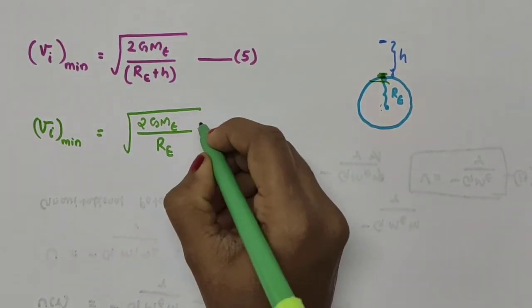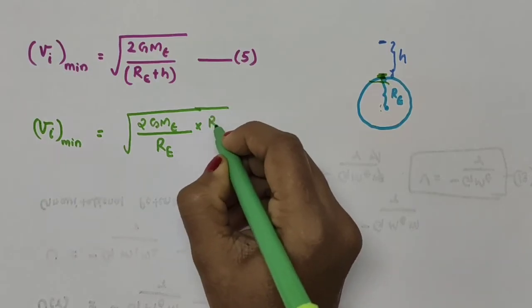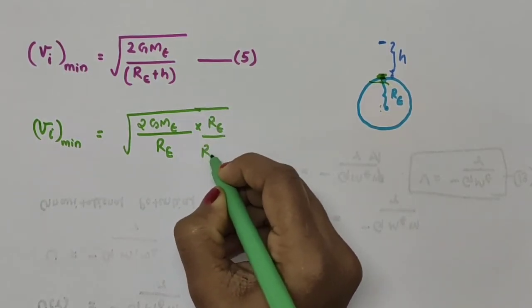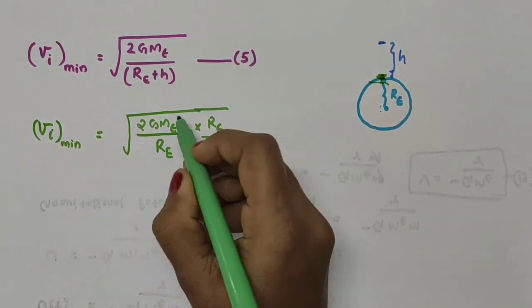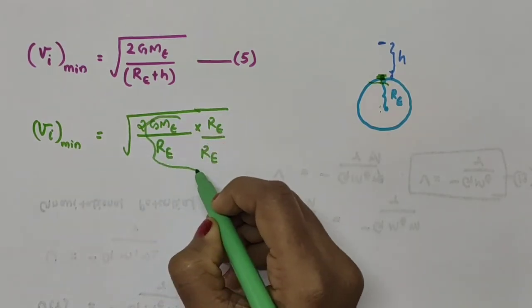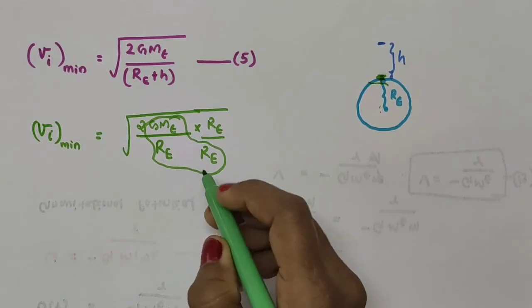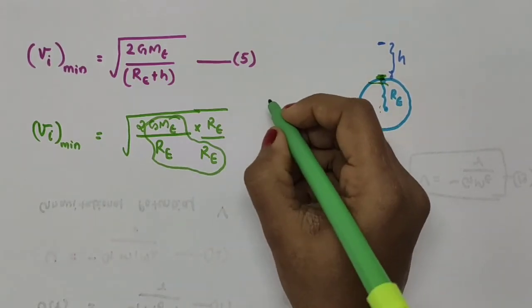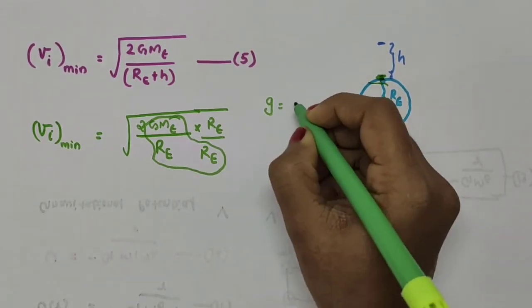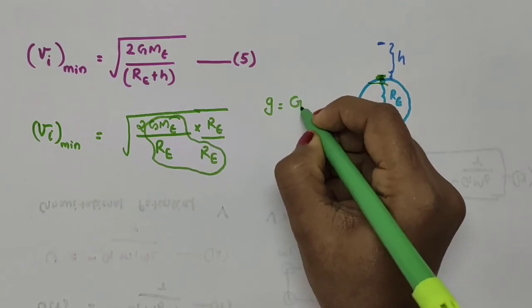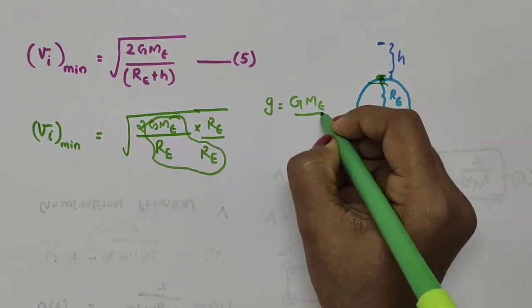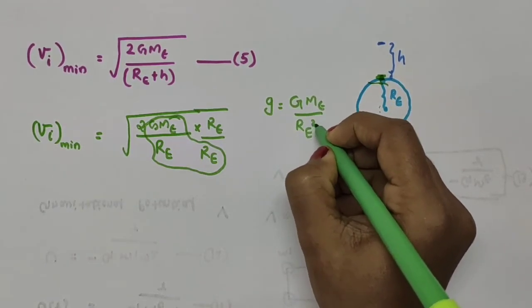Now I am simply multiplying this numerator and denominator with Re, so that this becomes GME divided by Re into Re, that is GME divided by Re square. When we discussed acceleration due to gravity g on the surface of the earth, we got an expression as GME divided by Re square.